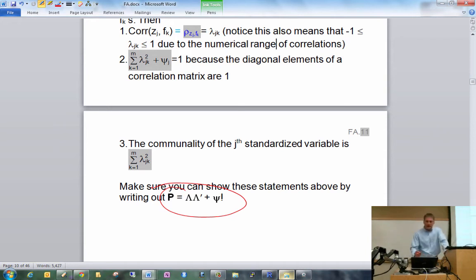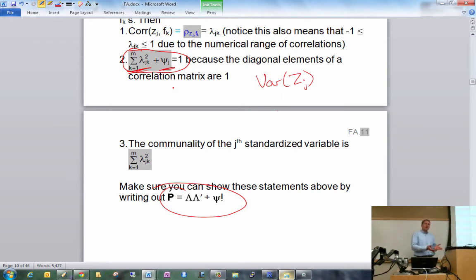So what that means is that the variance for each of the z's would of course be 1. And so the sum of the lambda squared plus the corresponding psi is equal to 1. Always.